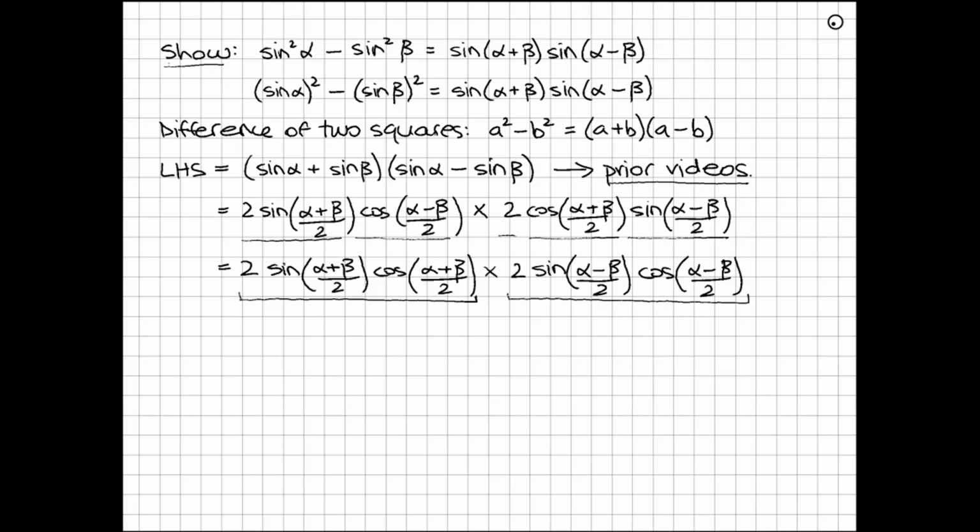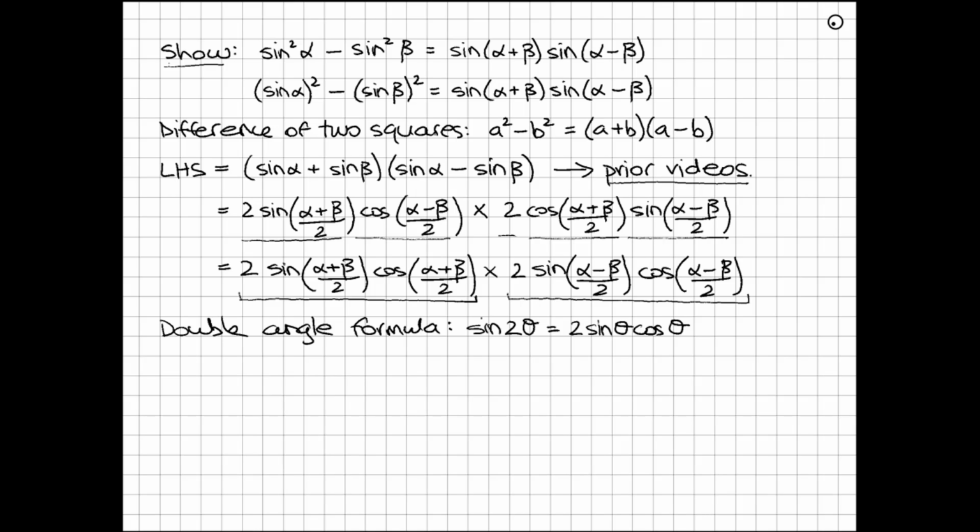Hopefully you're familiar with the double angle formula for the sine function, which says that the sine of 2 times an angle, let's call it theta, is equal to 2 times the sine of theta cosine of theta. In our case, we've got 2 times sine of something cosine of something. So we know that we can write that as simply the sine of 2 times that angle.